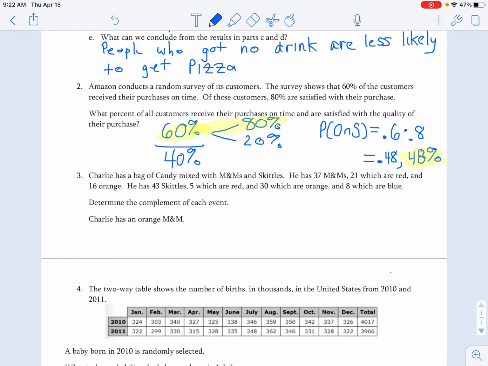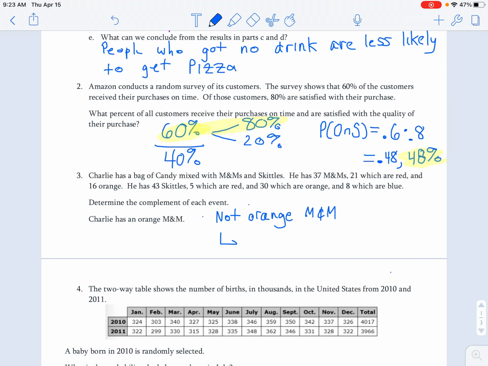The complement of this would be everything that's not an orange M&M.